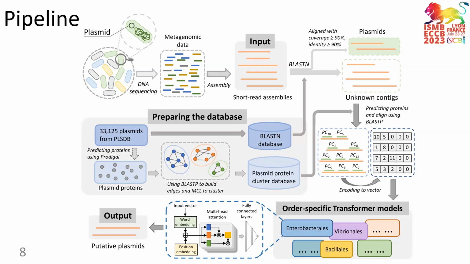We also predict proteins using Prodigal to obtain the plasmid proteins, and we cluster all these plasmid proteins into protein clusters and build the plasmid protein cluster database. After we encode the assembled contigs, we first align the contigs with our plasmid database with stringent thresholds, for example, both coverage and identity at 90%.